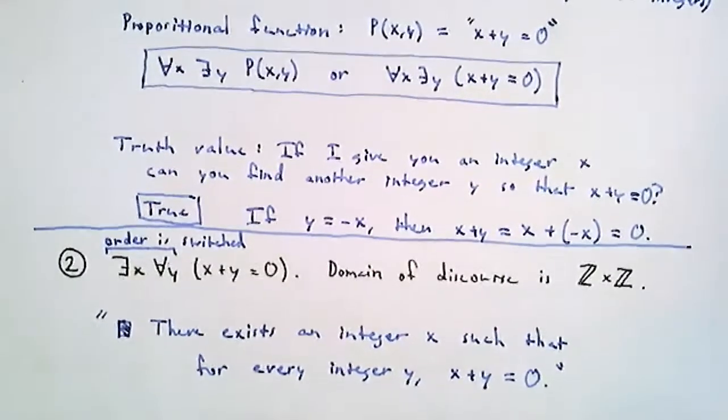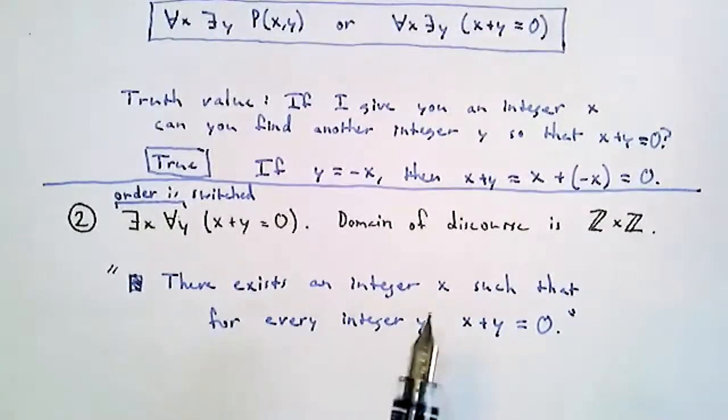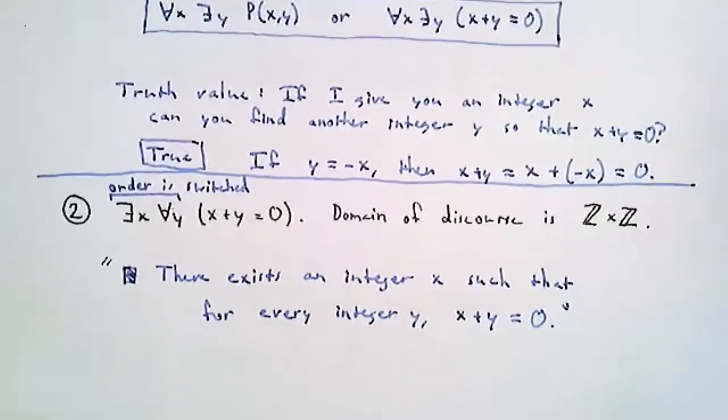So that's how it works out in English. We're just swapping the order of there exists and for every.